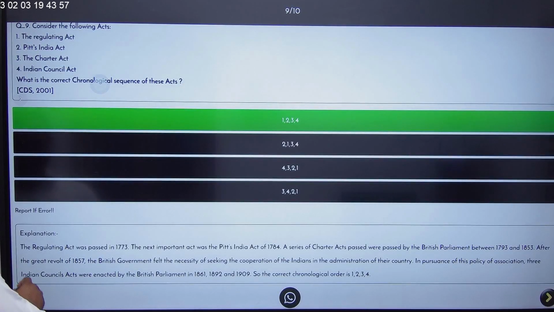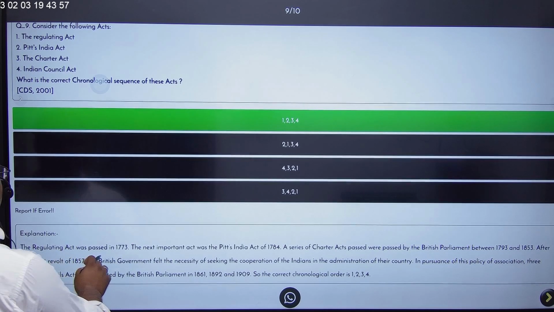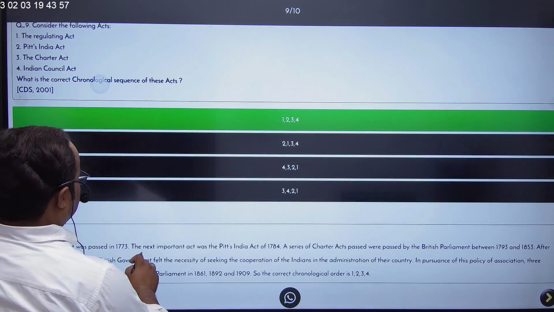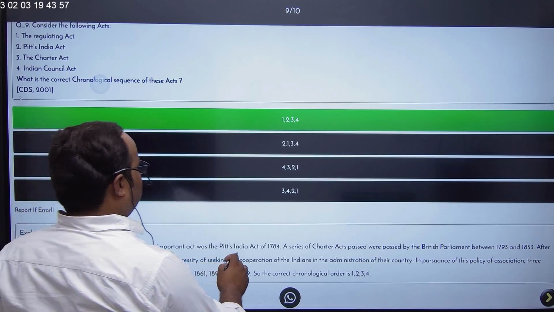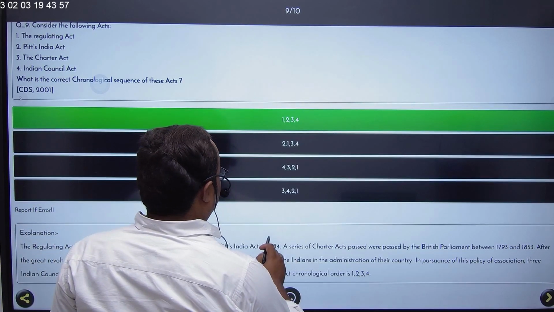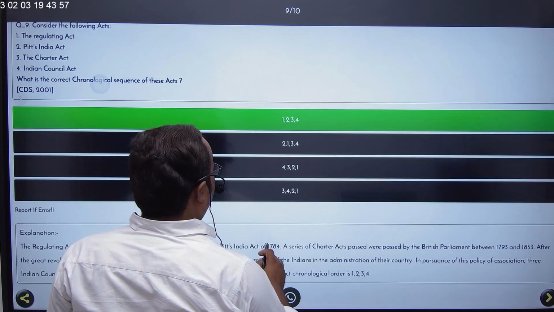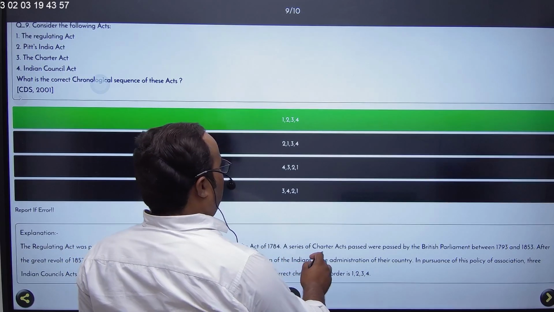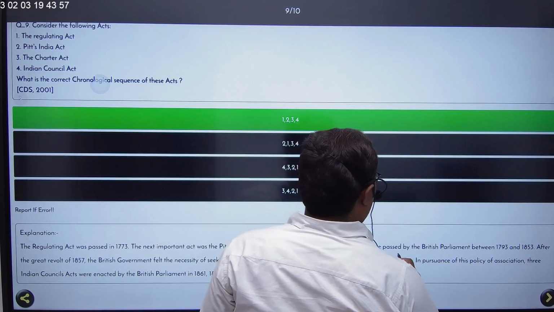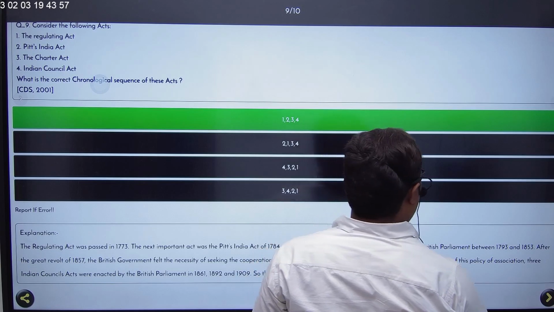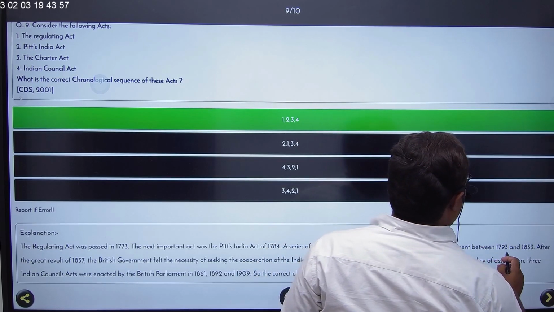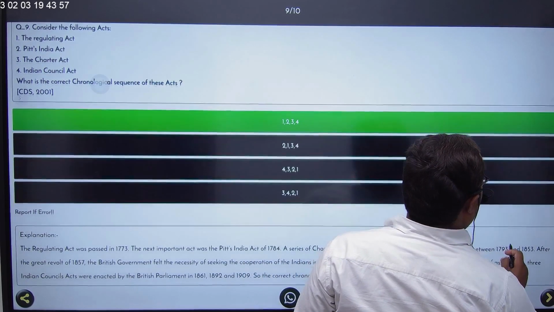The Regulating Act was passed in 1773. The next important act was Pitt's India Act, which was passed in 1784, and a series of charter acts passed by the British Parliament between 1793 to 1853.